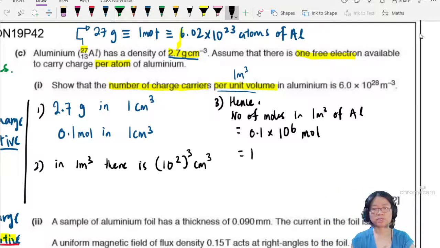So this will be 10 to the power of 5 moles. I think I write here, need more space.